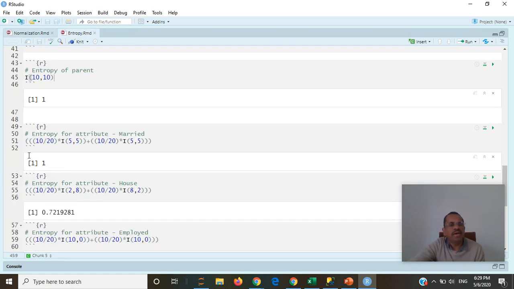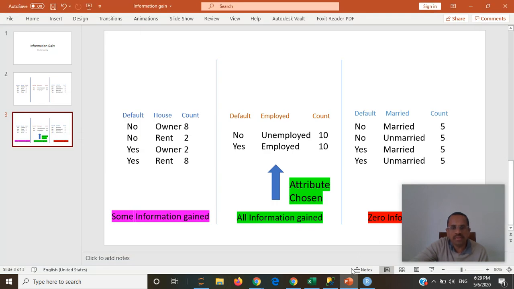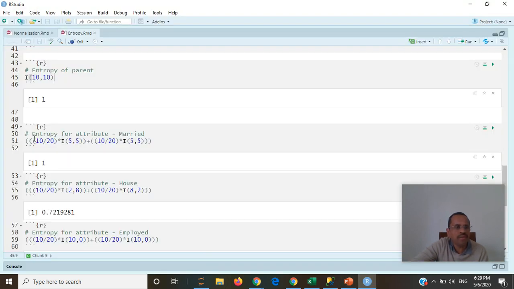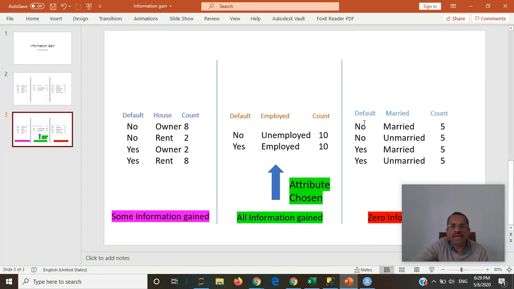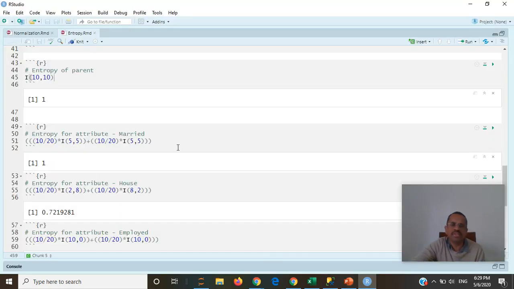To calculate the entropy of each attribute, we take the average of the entropies of all the subclassifications. So we can first look at the entropy of the marital status attribute. In marital status, we have a division like this. You can get the formula from a statistics book.